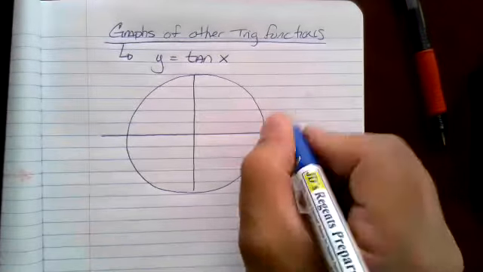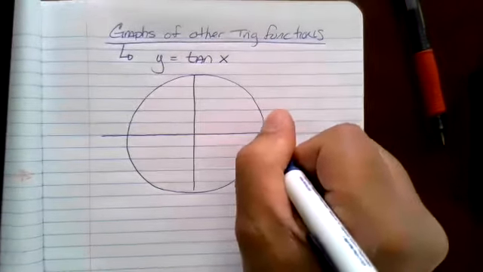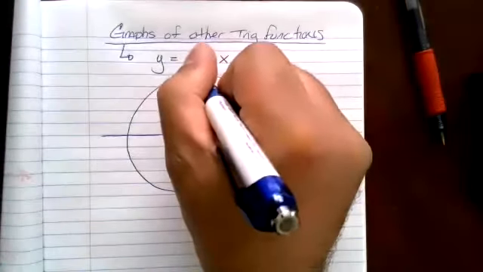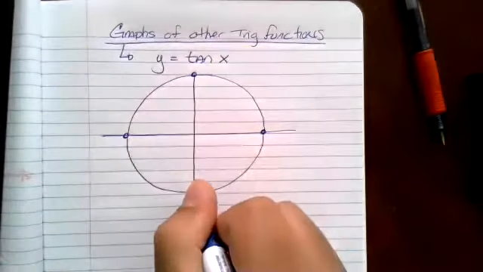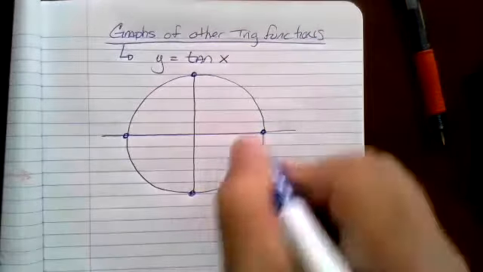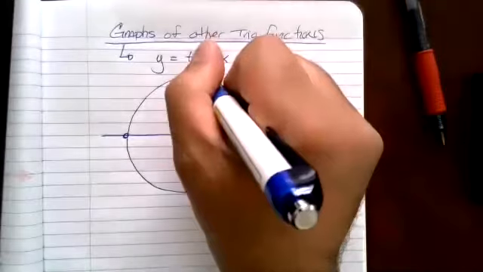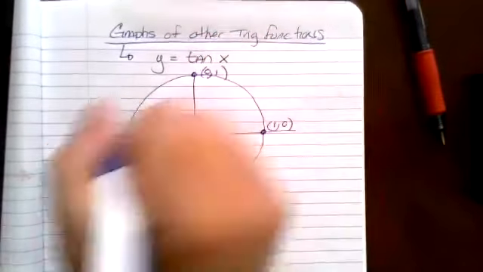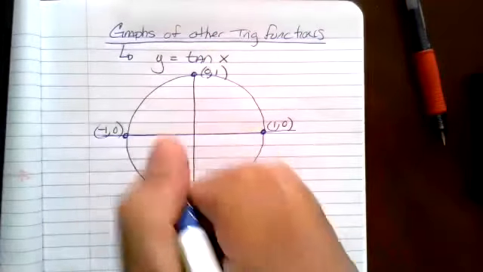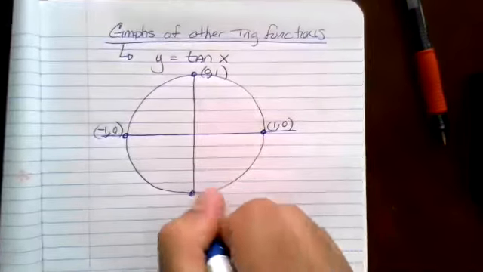And let's look at our quadrantal angles. Right, we're looking at points here, here, here, and here. And this would be (1, 0), (0, 1), (-1, 0), and (0, -1).